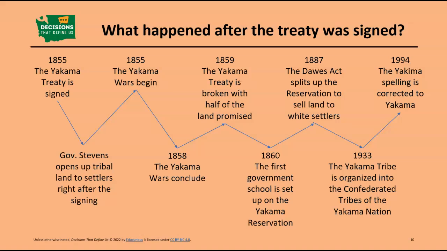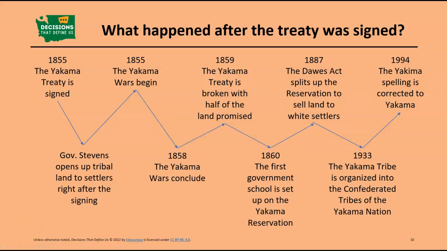Okay, so now not only do they not have enough time to really get moved on to the reservation and to make sure everybody was aware of what was going on, right, and the specifics, but now they're forced onto the reservation, and they're forced onto even less land. Okay, so that's the 1850s.